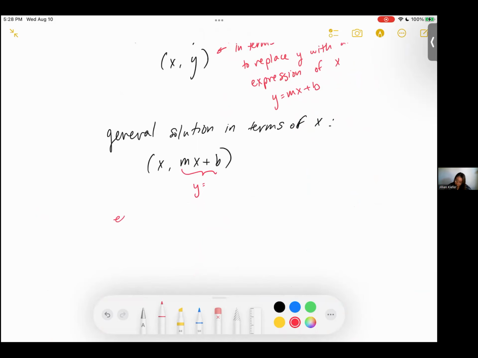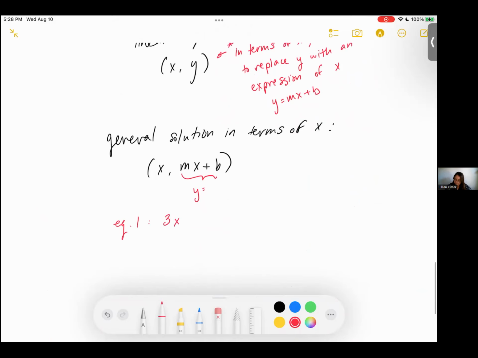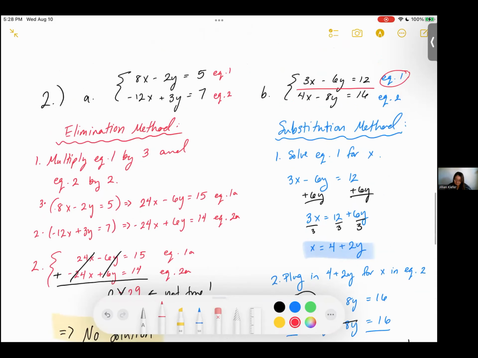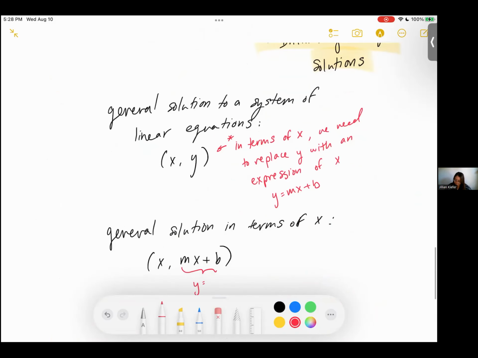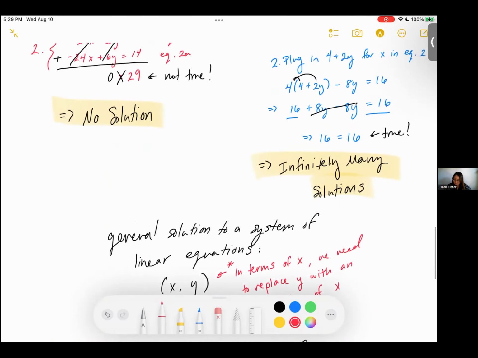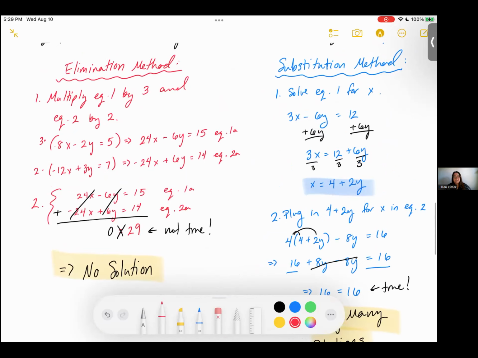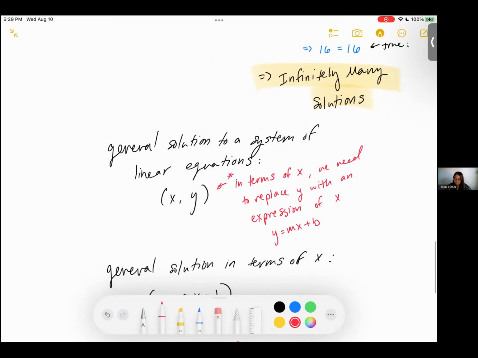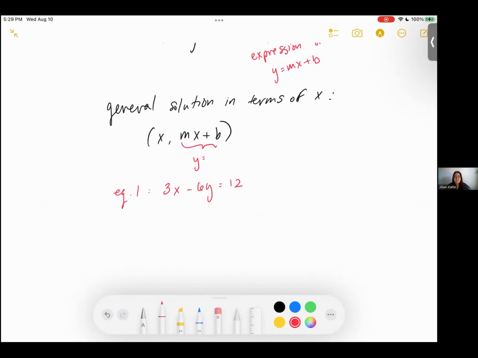So we took equation 1. You could take equation 2 if you like. This was 3x minus 6y is equal to 12. And we actually already did this. Well, no, we solved for x. So we didn't actually do this. We need to solve for y. So in this case, instead of what we did before, we're going to subtract 3x from both sides.